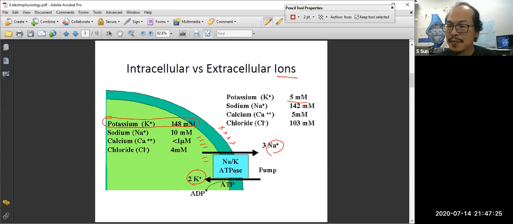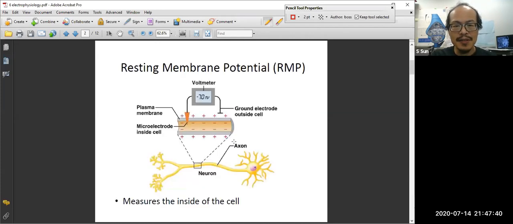So this pump is the original source of this membrane potential because now we have negative charge to inside, more negative compared to outside. And this happens to all cells. All cells have this membrane potential. So if we put the electrode, one in the cell, one out of cell as a reference, we will see the membrane potential to be negative. It's around this number.